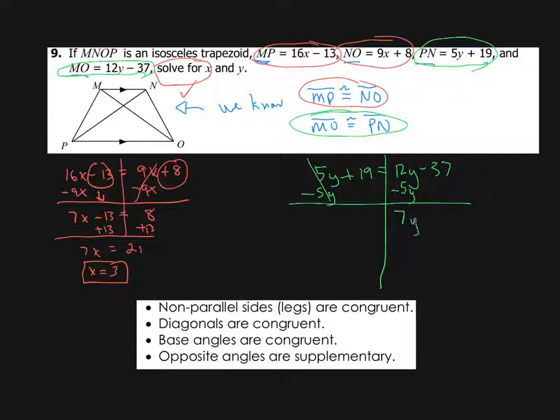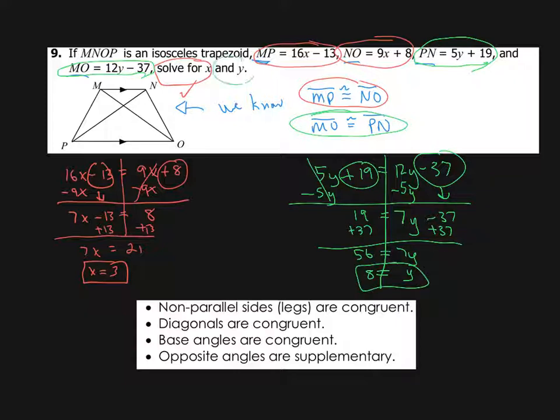That's the coefficient, that number attached to the variable. Negative 37 drops down. Positive 19 drops down. I add 37 to both sides. I get 56 equals 7y, and y is going to be equal to 8. And now I solve for y. Check. So we're good to go here.